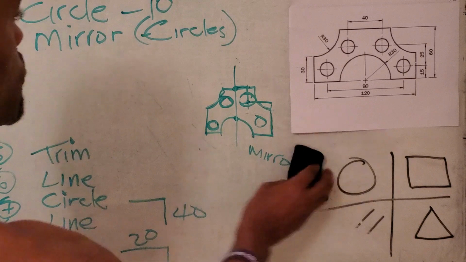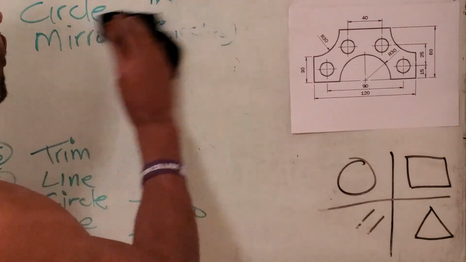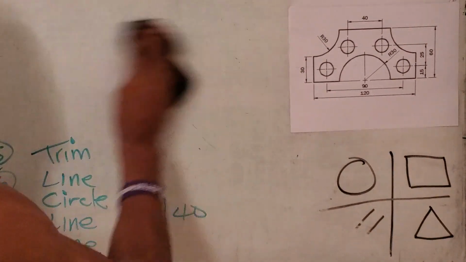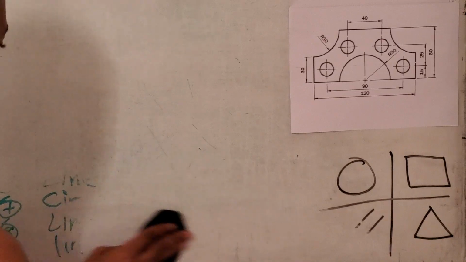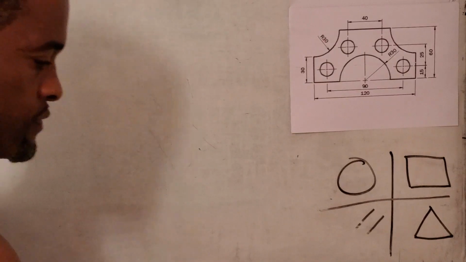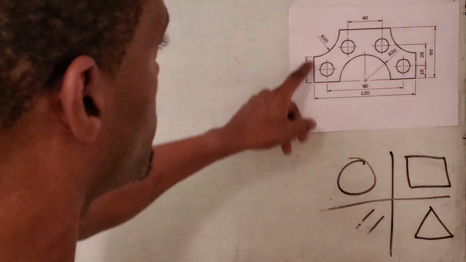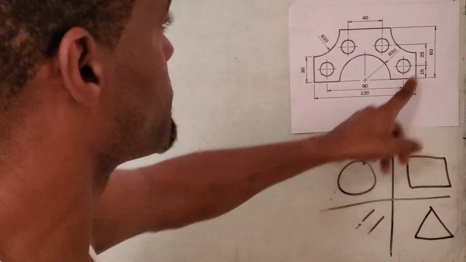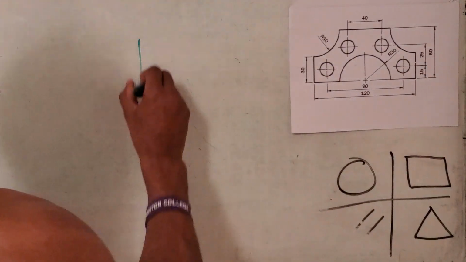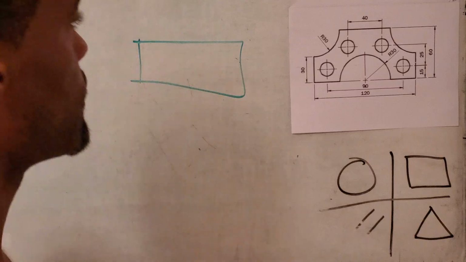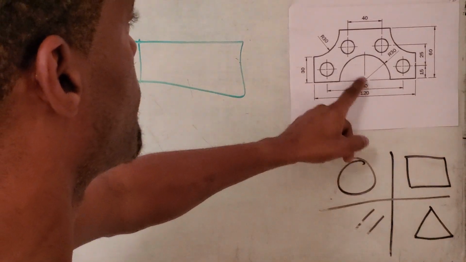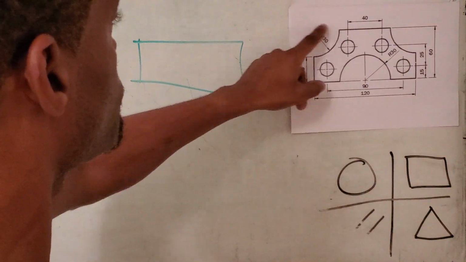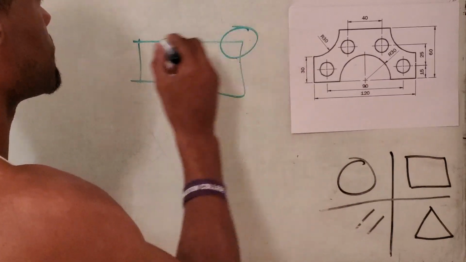So just to wrap up again real quick how we would go through and draw this figure. First we draw a rectangle, 120 by 60. Then we would use a circle to get these.